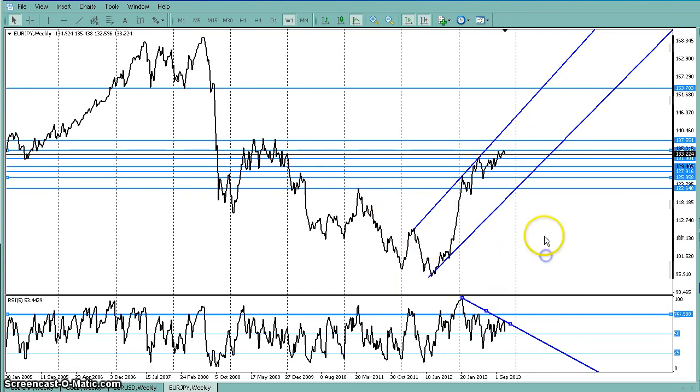I mean, boy, the euro versus the yen is a psychotic, dramatic currency pair. But right now we're on this little tributary going north here.